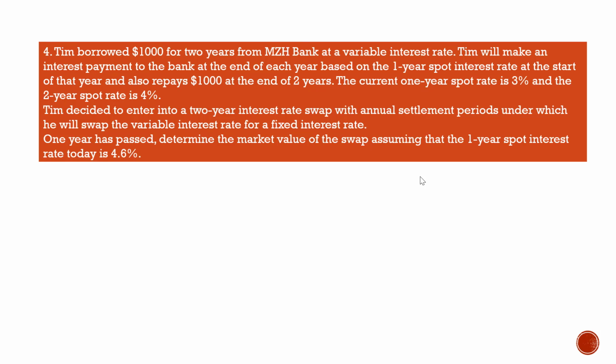So here the question asks for the market value of the swap. So first we have to find the net payment, and then we find the present value of the net payment. Here the question considers only the first 1 year.